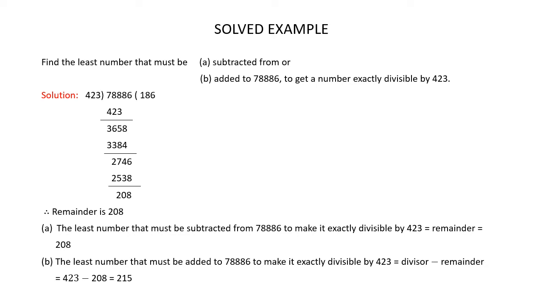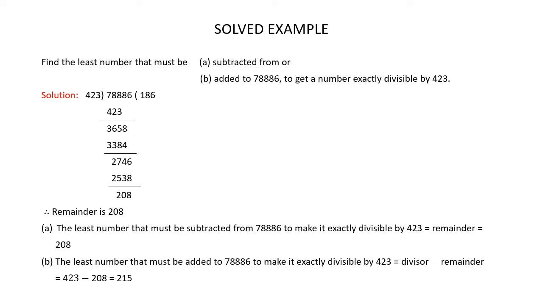The least number that must be added to 78886 to make it exactly divisible by 423 is the divisor minus remainder, that is 423 minus 208, that is 215. Hope you understood the concept here.